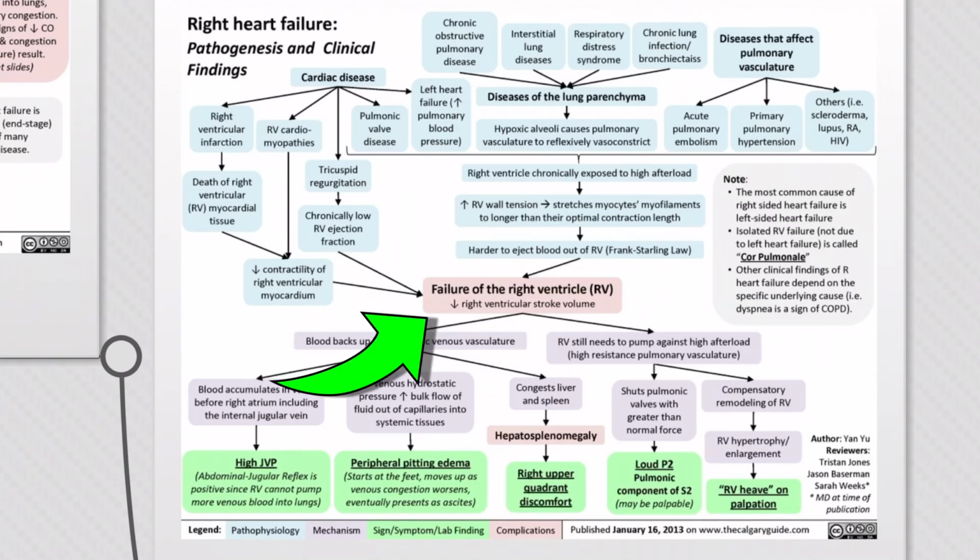The important thing to think about with the right ventricle is, yes, there's a decrease in perfusion to the lungs, but more importantly, you want to think about the backflow. The backflow will be a buildup of fluid. So there's a fluid balance concept here. Fluid backs up to the rest of the body, and you're going to see these signs and symptoms.